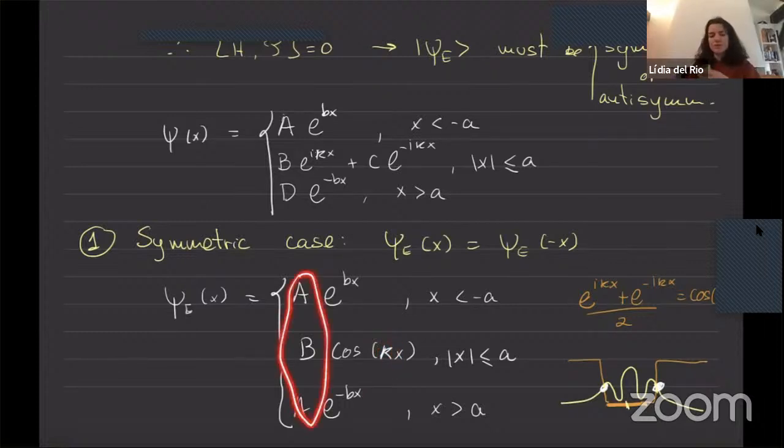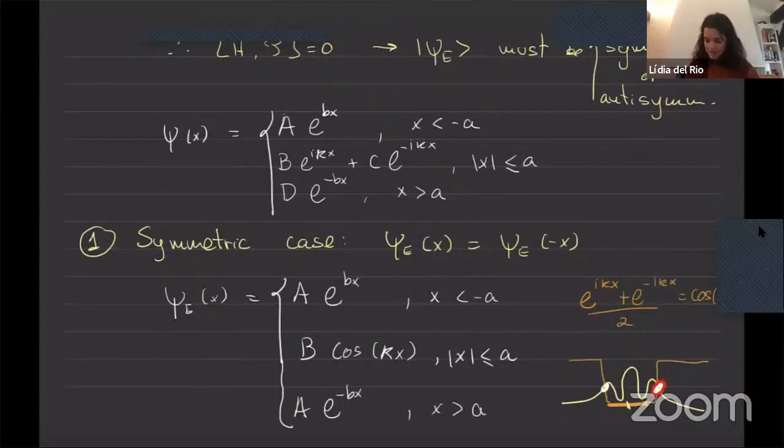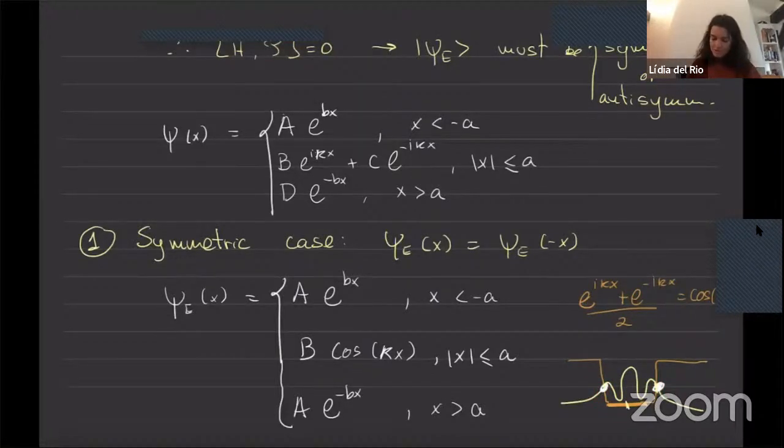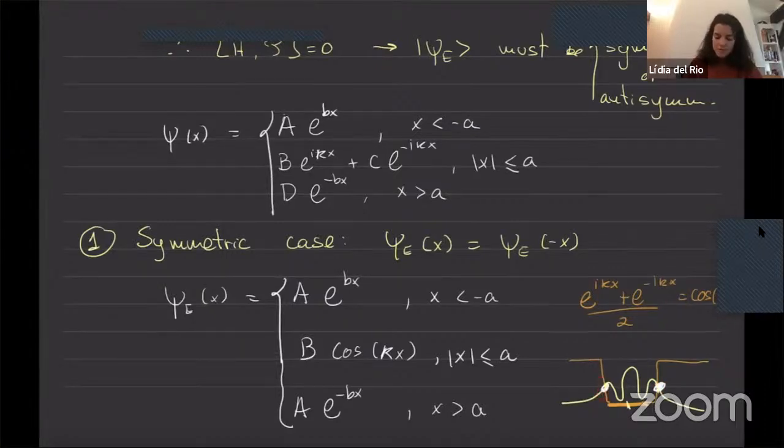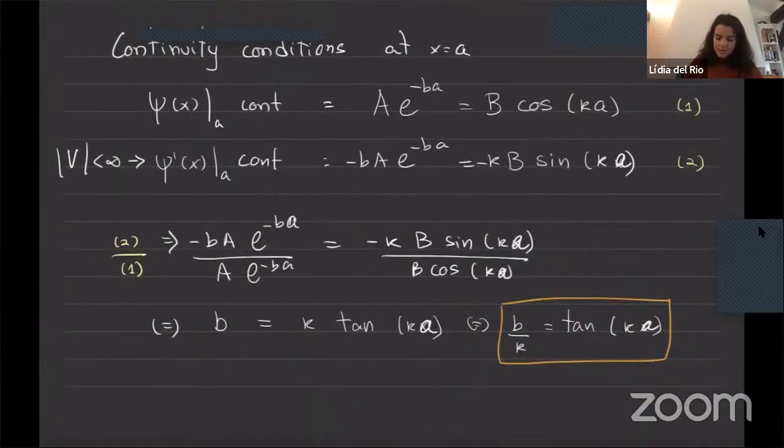So what we do is the usual thing of checking continuity conditions at the points A and minus A, where they change. But because of the symmetry, this will be redundant. We only need to check one point, A, because the conditions are going to be exactly the same. So what are the conditions at x equals A? First, the wave function must be continuous. So on the right, we get A e to the minus b x, which is A e to the minus b a.